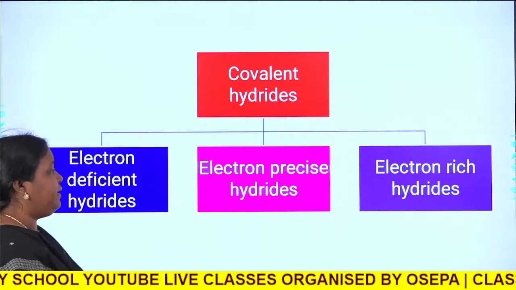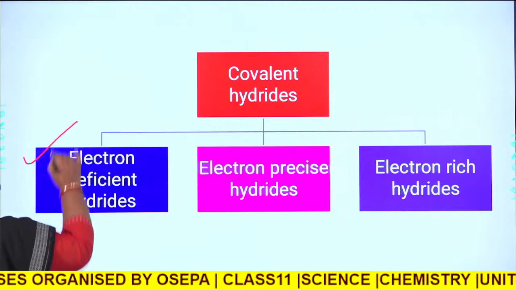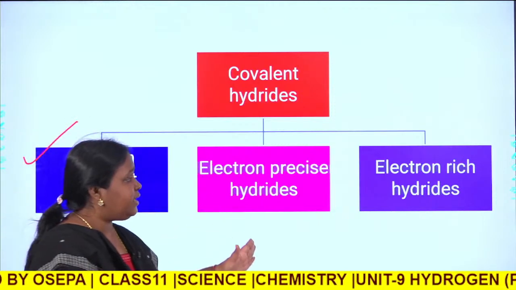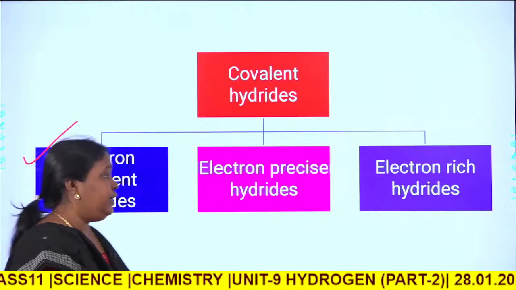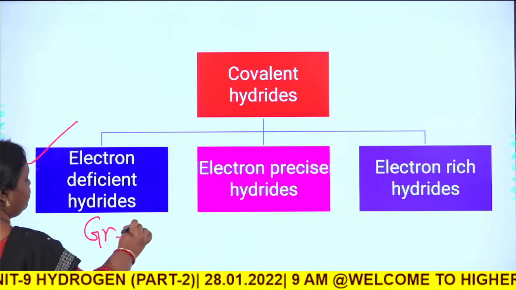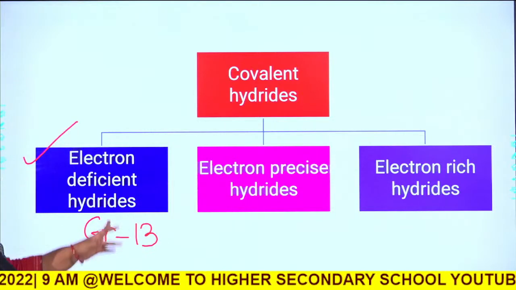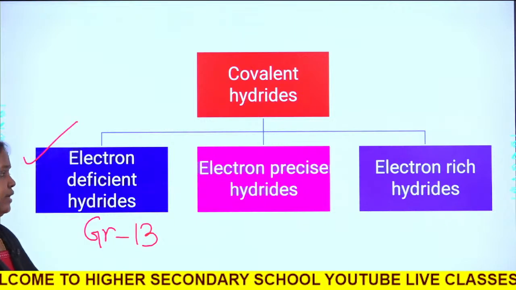So covalent hydrides are divided into three types: electron deficient hydrides, electron precise hydrides and electron rich hydrides. If hydrogen forms hydride with group 13 elements, like boron, aluminum, then it is called electron deficient hydride.